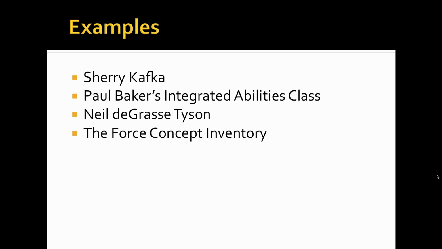Neil deGrasse Tyson, a famous American astrophysicist, and Bain returns to him as an example a couple times in the text, but he's one of the key people who's quoted, I think, twice in the first 22 pages. And then the force concept inventory, which is a little test that a group of physics professors used as a sort of pre and post test device with students they were teaching to see if they were achieving real deep learning and understanding of the material.